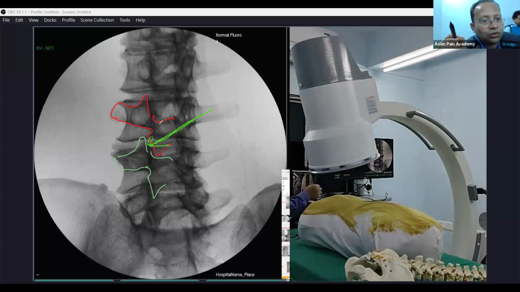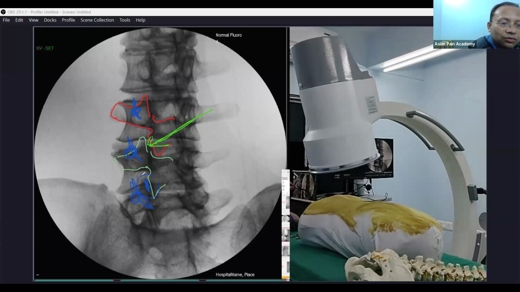And if I do not want to go intra-articular and I want to ablate this joint by median branch block, then I will target the median branch here and here. For every joint it is 2 median branches. Okay. Say I want to include the lower facet joint also, L45 also, then I will include another one here.